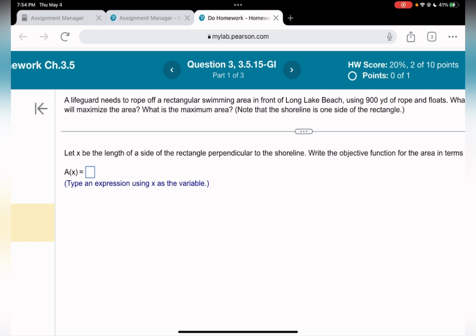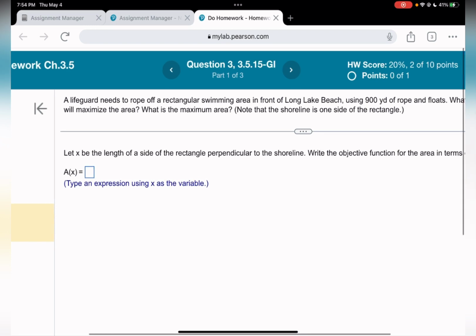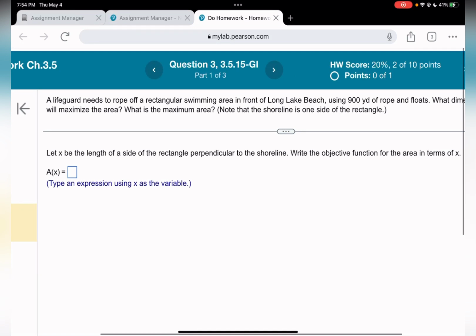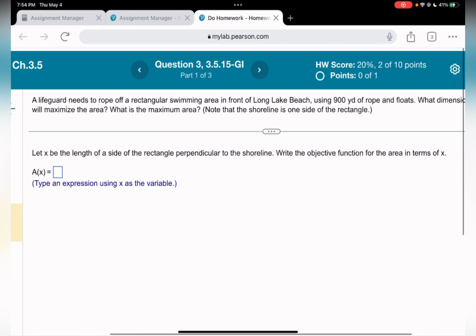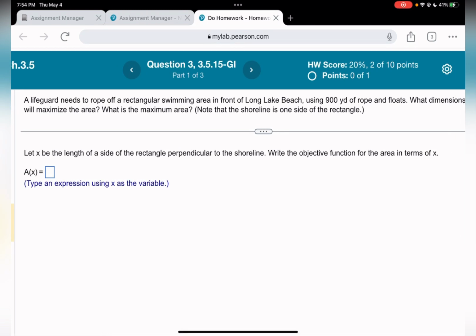A lifeguard needs to rope off a rectangular swimming area in front of Long Lake Beach using 900 yards of rope and float. Yard is going to be a length, obviously, of rope. What dimension of the rectangle will maximize the area? What is the maximum area? So let's find the dimensions and the maximum area.